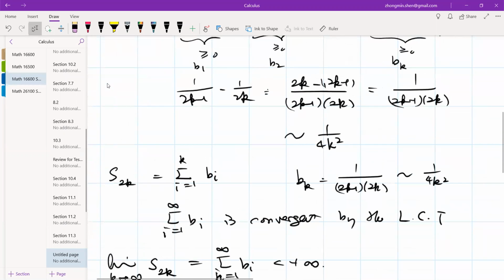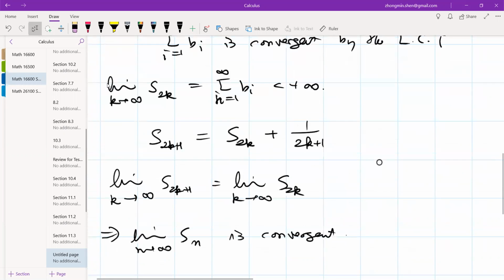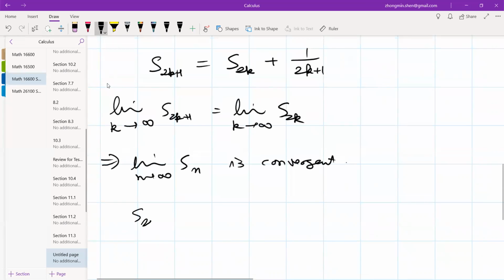Let's see, how can I see this is convergent? Let's go back to the special case, this one. It's going to be 1 over 1, 1 over 2, 1 over 3, minus 1 over 4, and 2K minus 1, minus 2K.